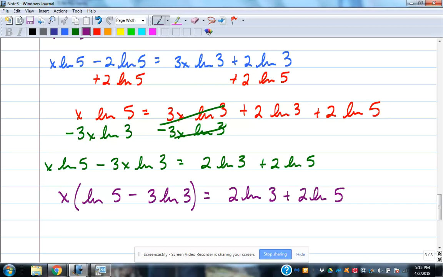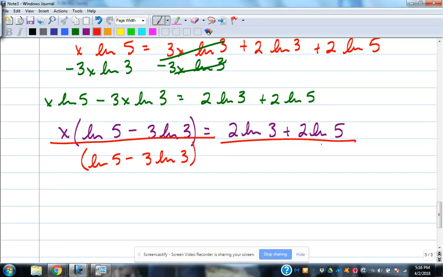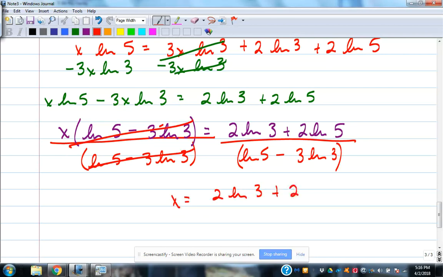Opposite of that would be division. What am I going to divide by? What am I trying to get by itself? So you divide by what x is multiplied by. Right. I'm going to divide by this ugly stuff here. And that's a number. It's x equals 2 natural log of 3 plus 2 natural log of 5 divided by natural log of 5 minus 3 natural log of 3.